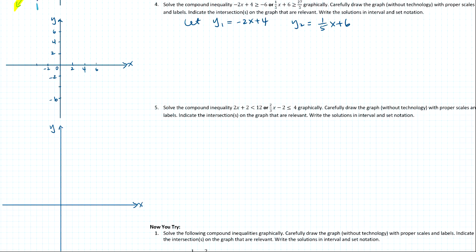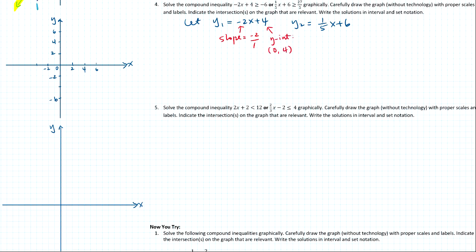You can use different letters or variables to represent the same thing, but because we're working with the x and y axes, I'm just going to use these labels for the linear expressions. For y equals negative 2x plus 4, the slope is negative 2 over 1, and the y-intercept is (0, 4).